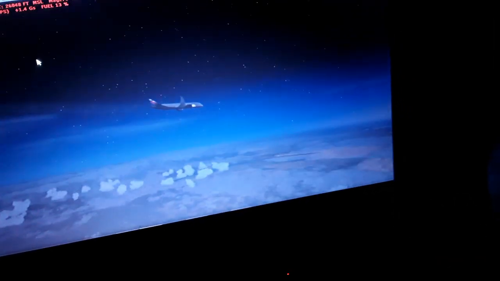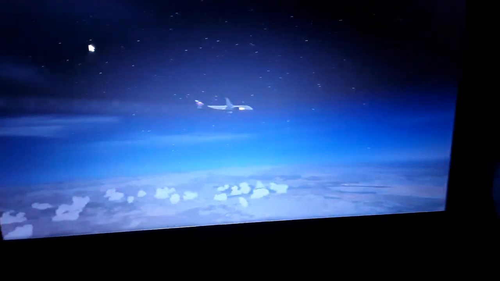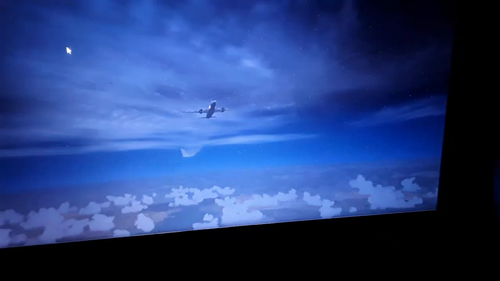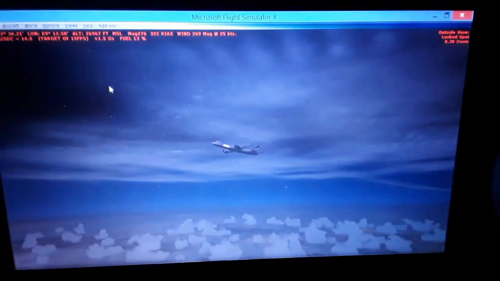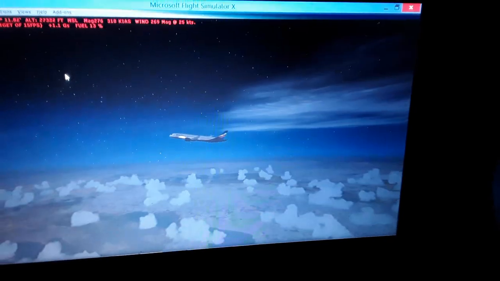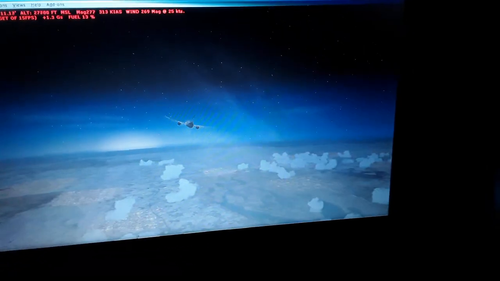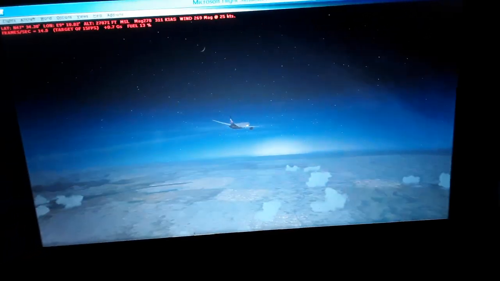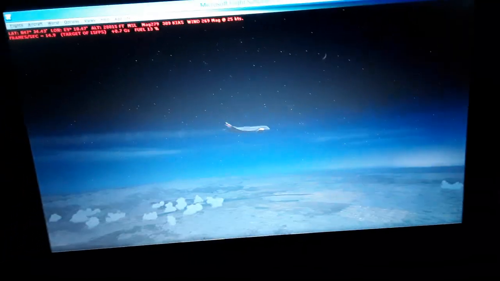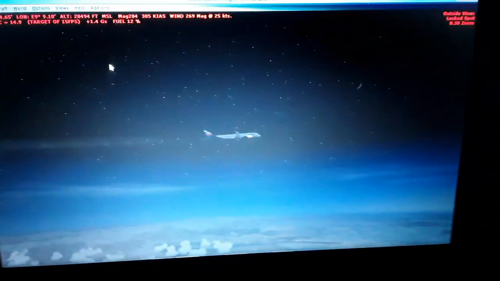So this is our galactic view right now. Very beautiful. With the chemtrails and the contrails. Chemtrails. And the galaxy here. So you see the frozen vapors as we fly.